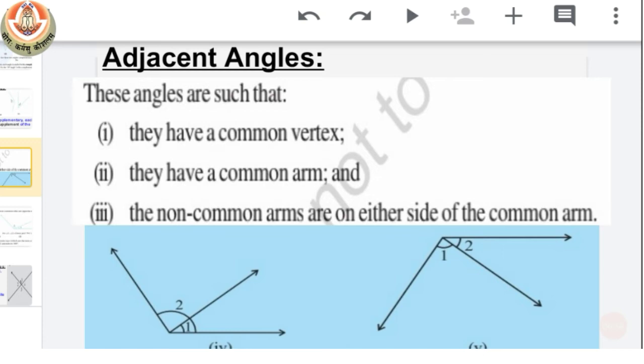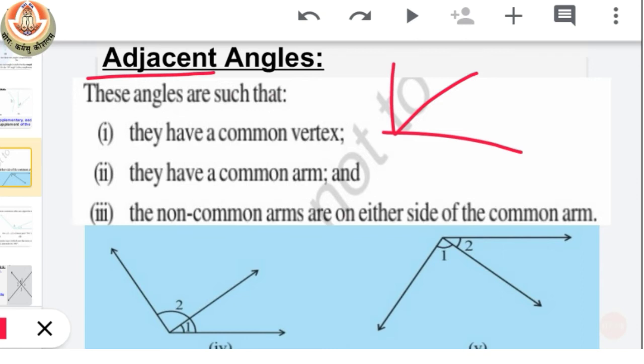Now let's move on to another topic, which is adjacent angles. The term itself tells us that adjacent means angles which are beside each other. So let's see what kind of situations should hold for adjacent angles.